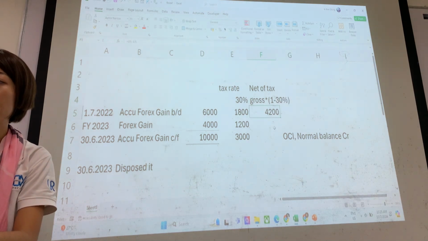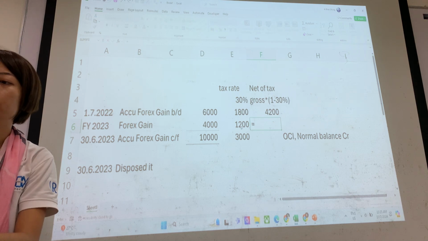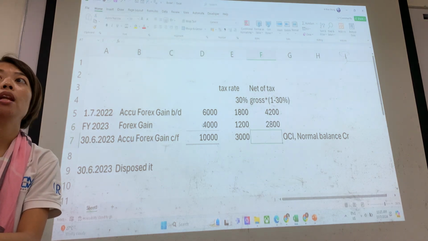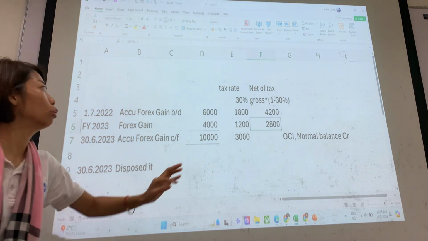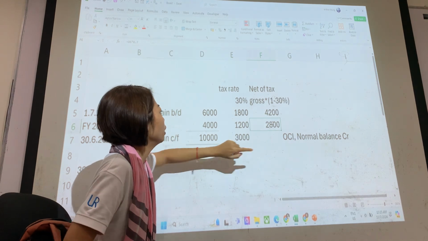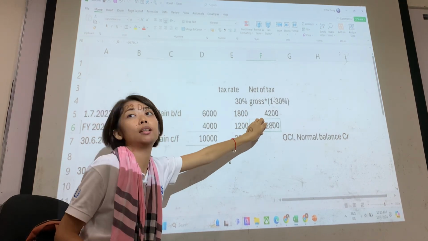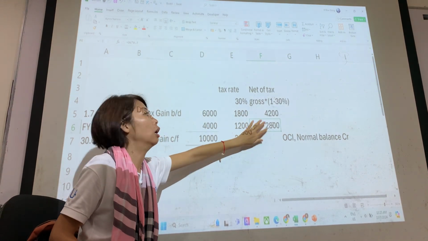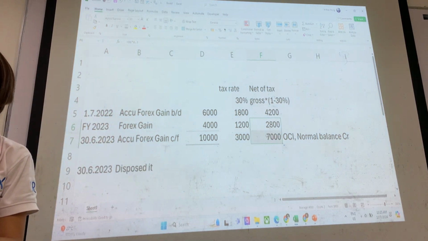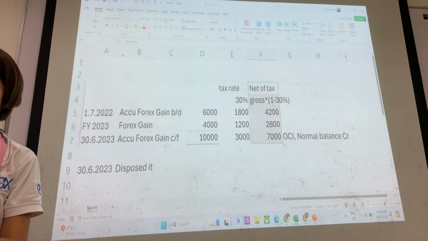Okay, so if let's say I do 4,000 net of tax, 4,000 times 0.7 is 2,800. So you can do it slowly: this one times 30% is this one, minus this one is this one. But why not just do this times 0.7 and get this one? So you can do that. Okay, so this is net of tax.